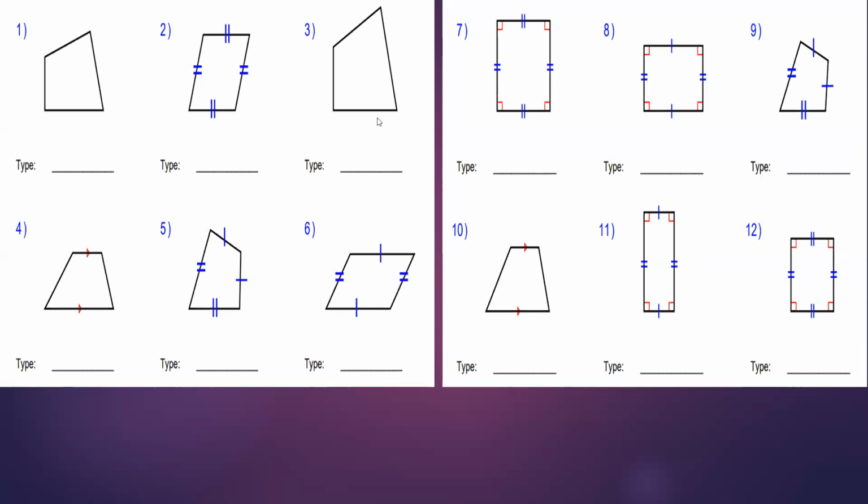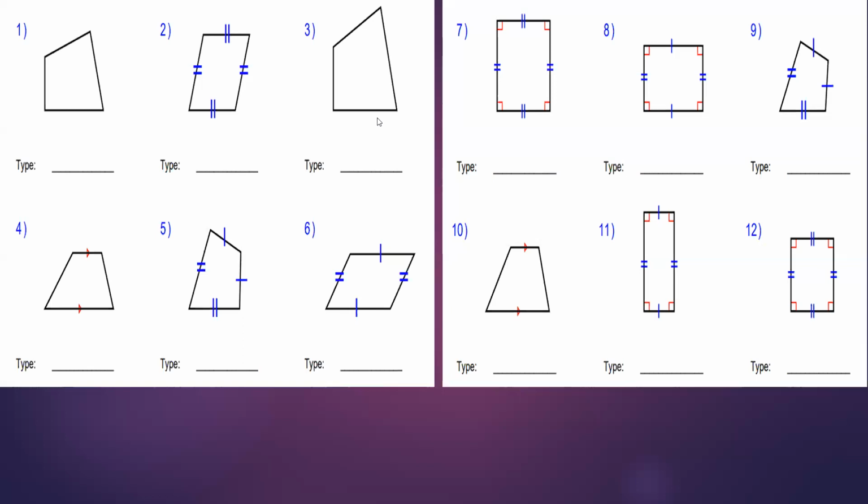Gianna, what number are you on? Number 9. Do you understand what to do? Yes, sir. Ebony, what number are you on? Number 6.